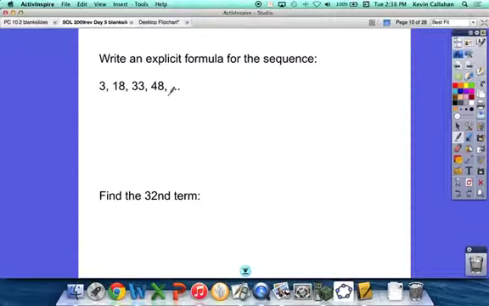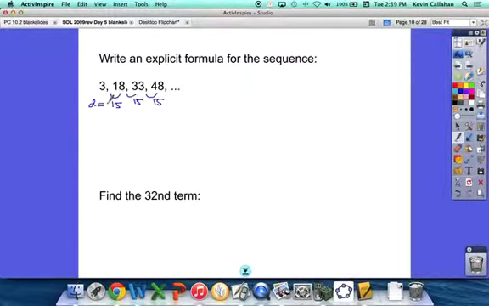No, you subtract the second term minus the first term, right? And then the third minus the second, and the fourth minus the third. If they're all the same, then you got arithmetic, right? They always say the difference of consecutive terms, but it's second minus the first. This is 15, 15, 15. So again, what does the 15 represent? Common difference, which is D, right?